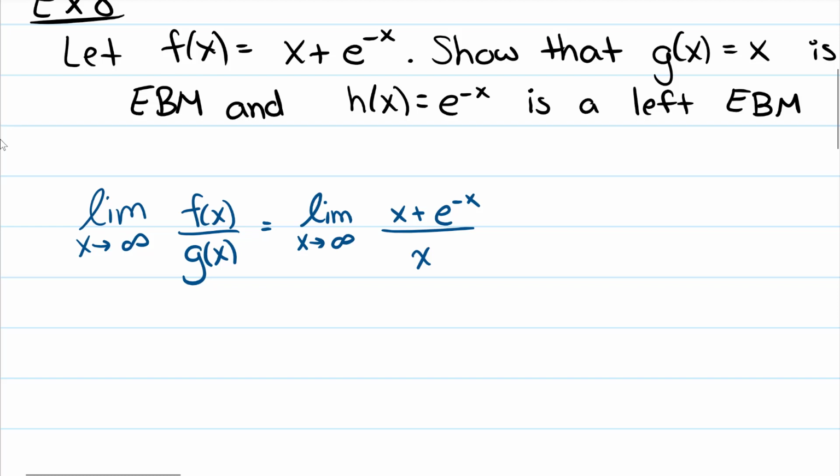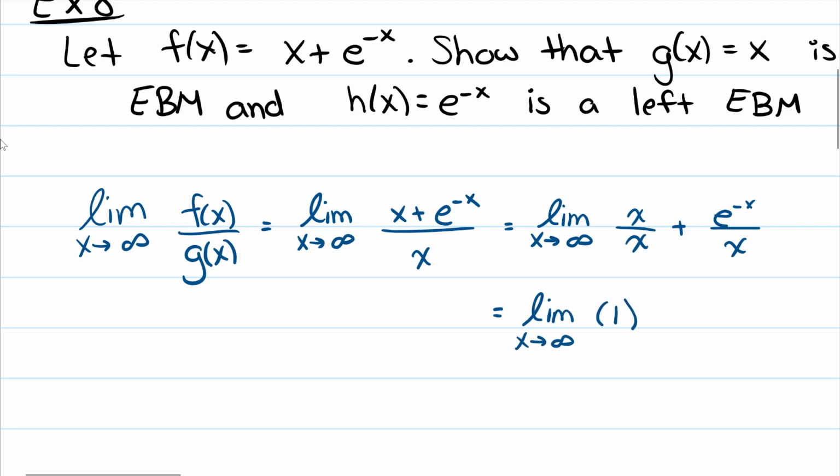And now we're going to take our limit, but first we're going to do some algebra. So this is the limit as x approaches infinity of x divided by x plus e to the negative x divided by x. So this is the limit as x approaches infinity of 1 plus the limit as x approaches infinity of 1 over x e to the x.